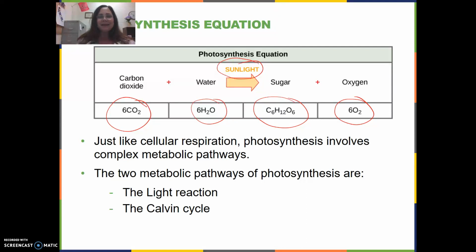But just like cellular respiration, this doesn't happen all in one step. There were 4 metabolic pathways in cellular respiration. There are just 2 metabolic pathways in photosynthesis. One is called the light reactions, and the other is called the Calvin cycle reactions.